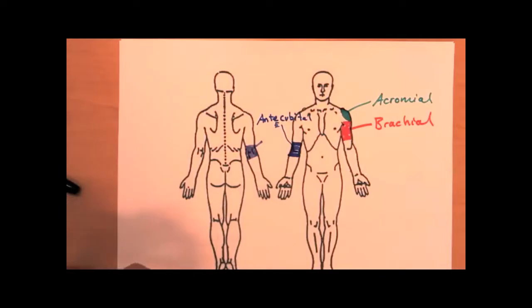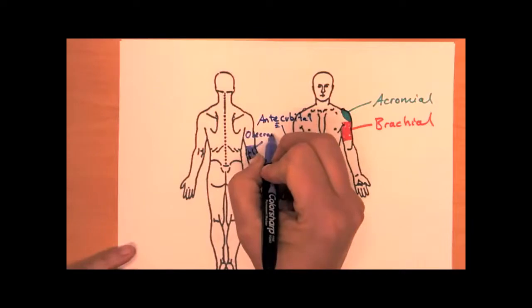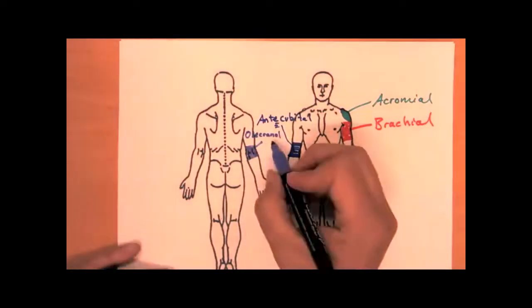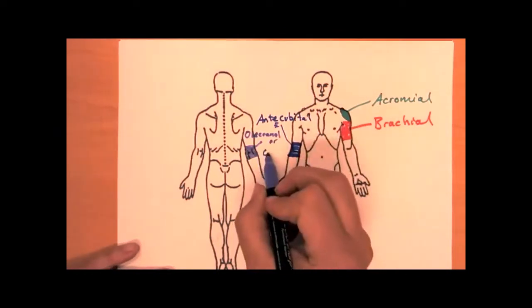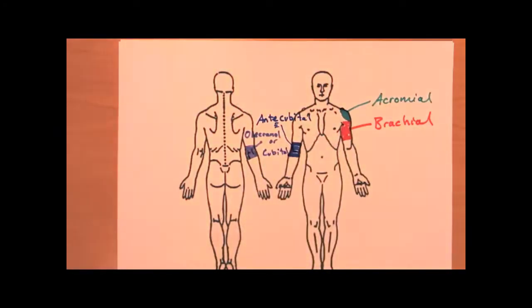In anatomy, I will say this all the time, but why name something once if you can't name it 2 or 3 times? Here is the first of many examples of that. Olecranon or cubital. Okay, either term is correct.